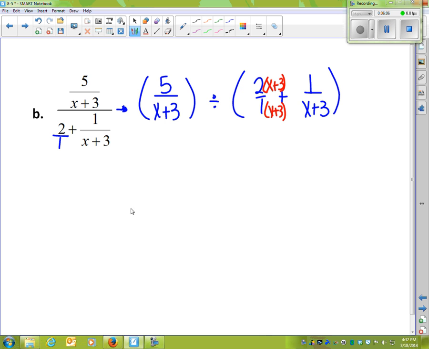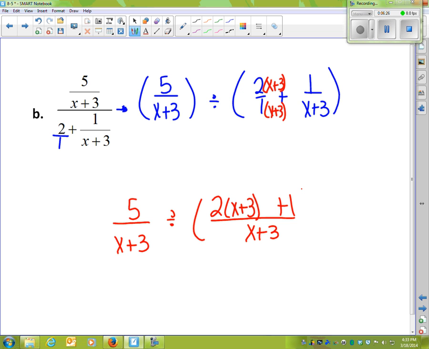Coming down to my next step, 5 over x plus 3 doesn't change. Divided by 2 times x plus 3 plus 1 over x plus 3. That's my denominator now. I've combined them into one fraction.